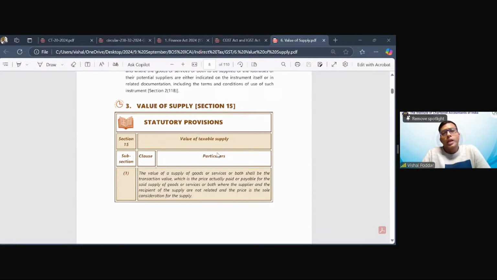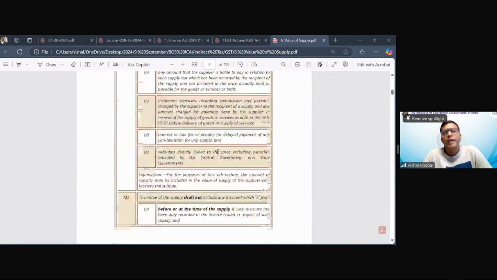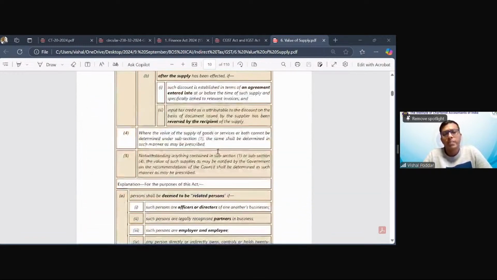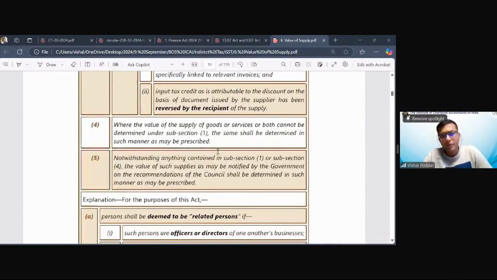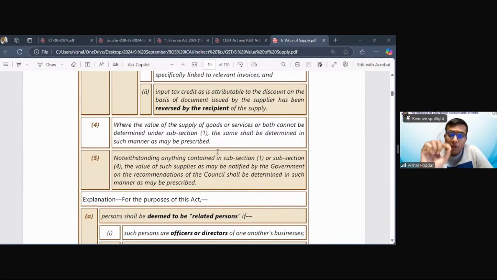Now, having said all this, we come to the most important part, that is valuation. In valuation, you have section 15, which has 5 subsections. And if you remember, you have to start with subsection 5, which says that if there is any value notified by the government, your valuation will be done taking that value.